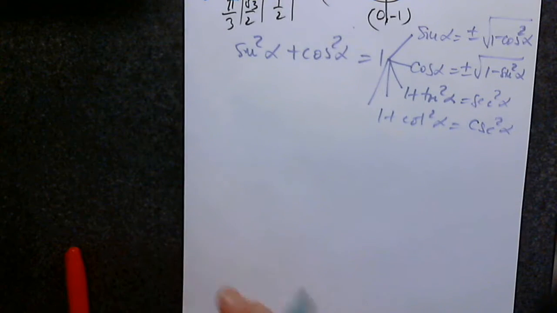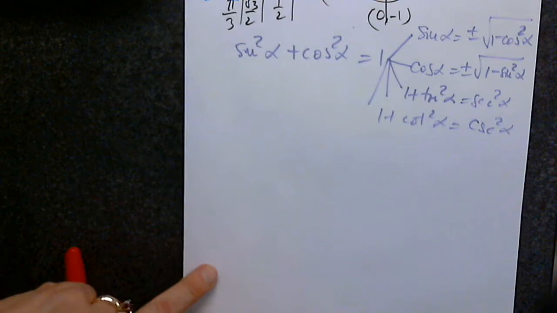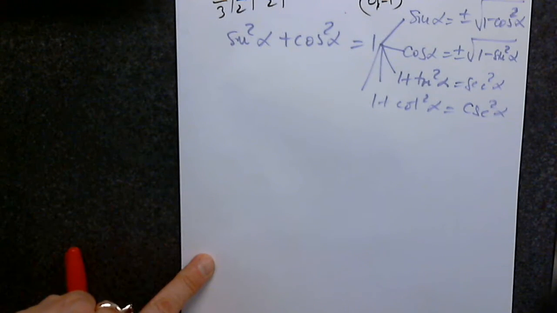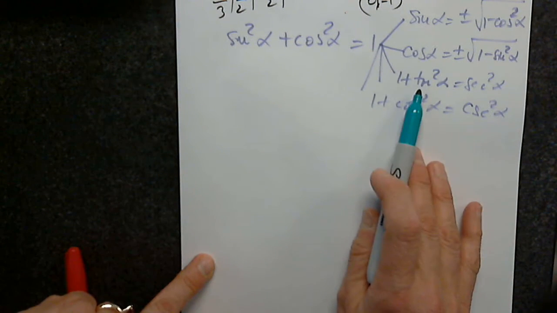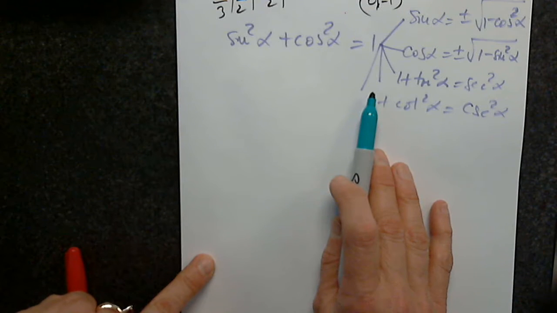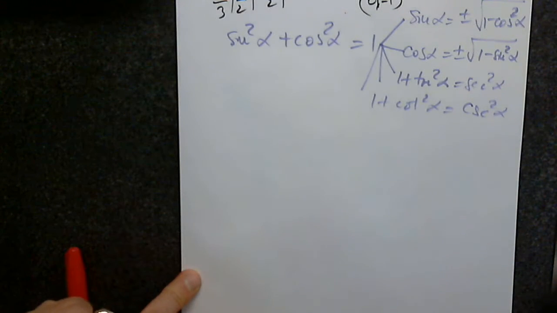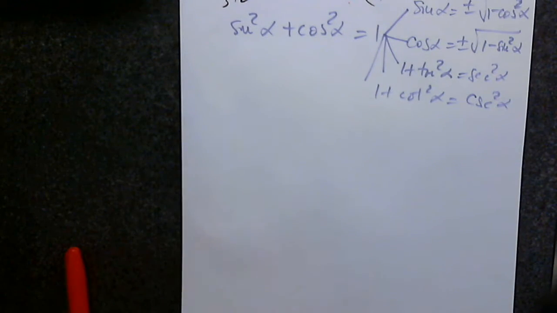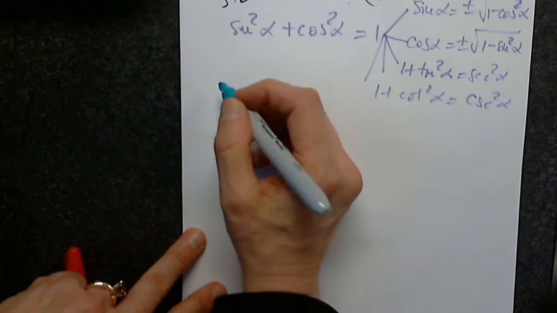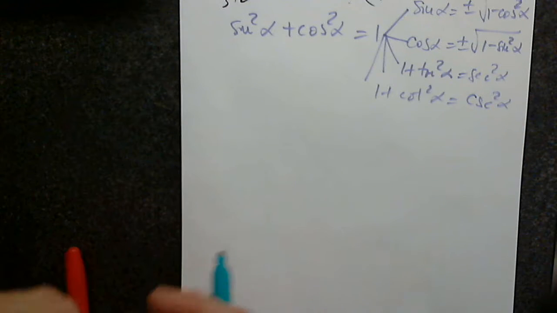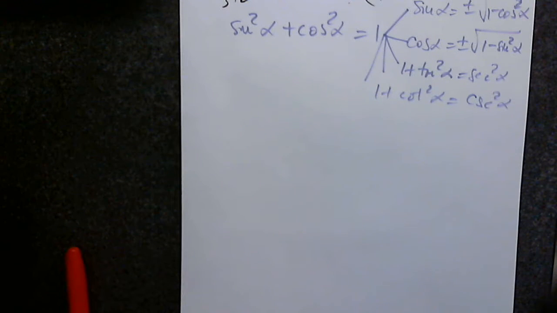Nobody remembers it like that, but if that helps you, it's fine. But not plus. Just make sure. Yeah, minus. Secant squared minus tangent squared equals 1. That's fine. Cosecant squared minus cotangent squared equals 1. That's fine. Okay.